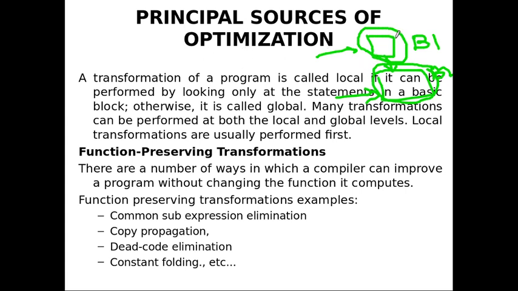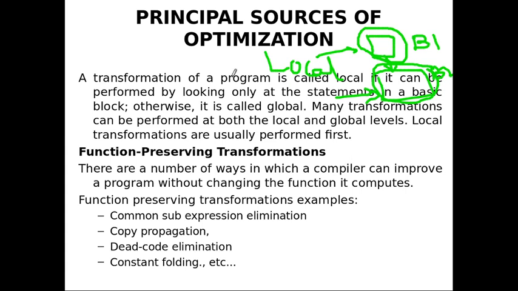When you are optimizing within a block, that is technically called local. When you are optimizing some statements, that is, block 2 can be optimized with the help of block 1, or block 1 can be optimized with the help of block 2, then it is called global optimization.